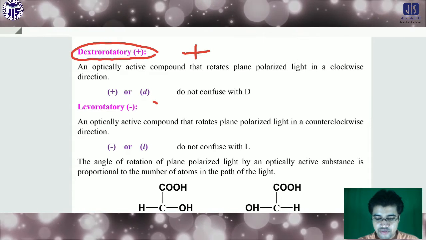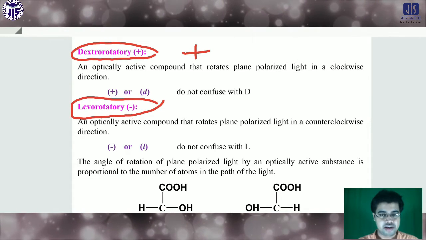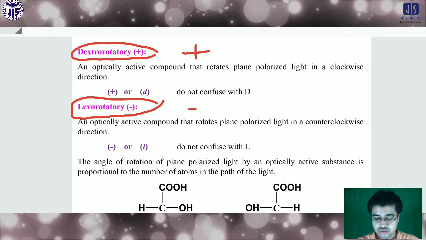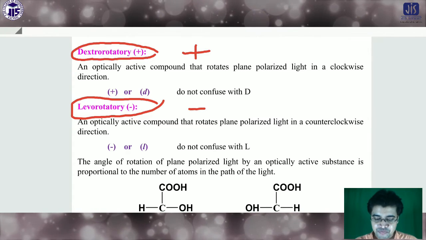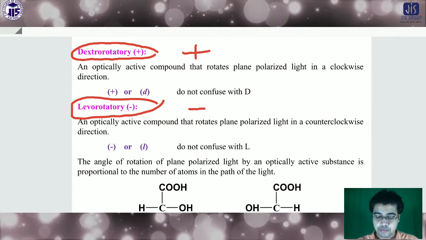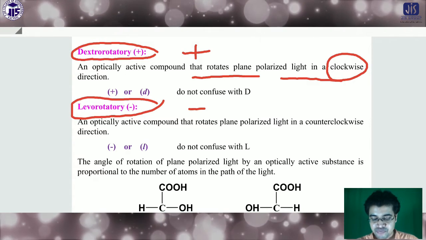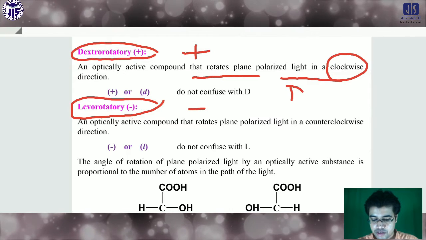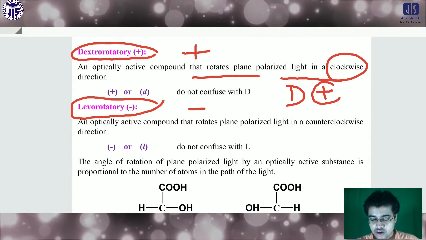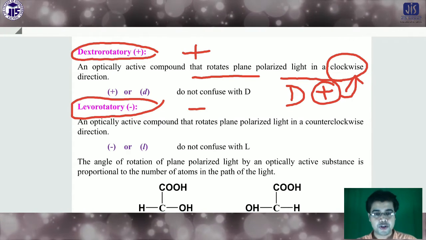The other is levorotatory, which is generally taken as the minus. An optically active compound that rotates the plane of plane polarized light in a clockwise direction is dextrorotatory, the plus direction, the clockwise direction.